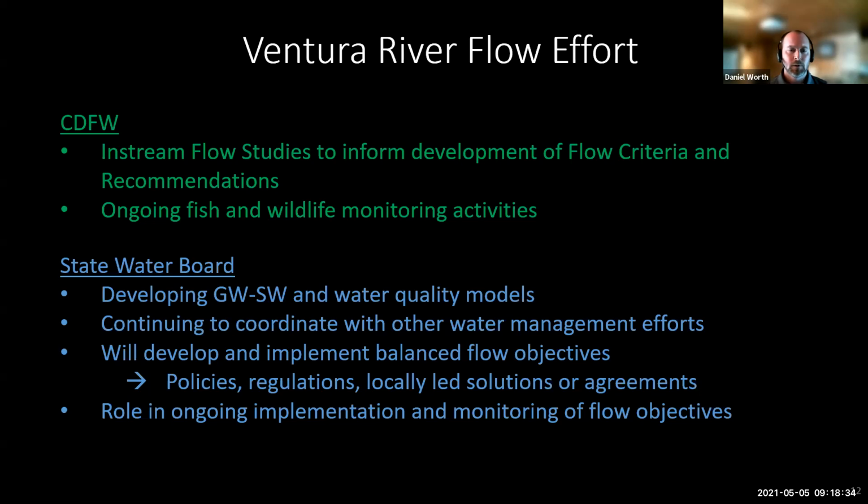The State Water Board is developing a surface water groundwater model, which will provide water supply, water demand, in-stream flow, surface water and groundwater interaction information. We are coordinating with the Regional Water Board on this effort to develop a water quality model in the watershed, which will be further described in the next few slides.